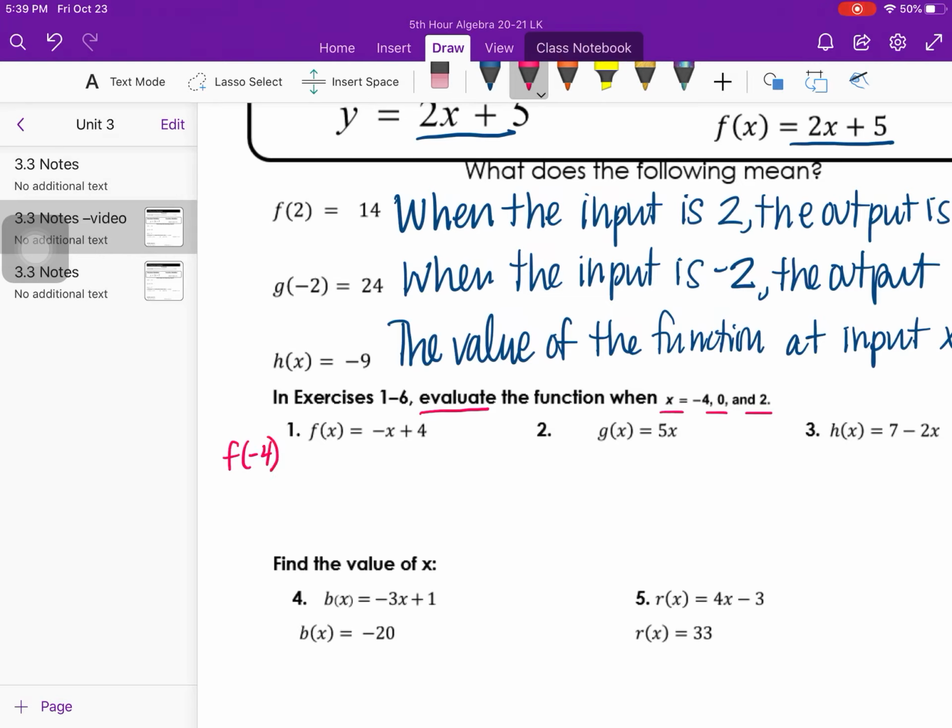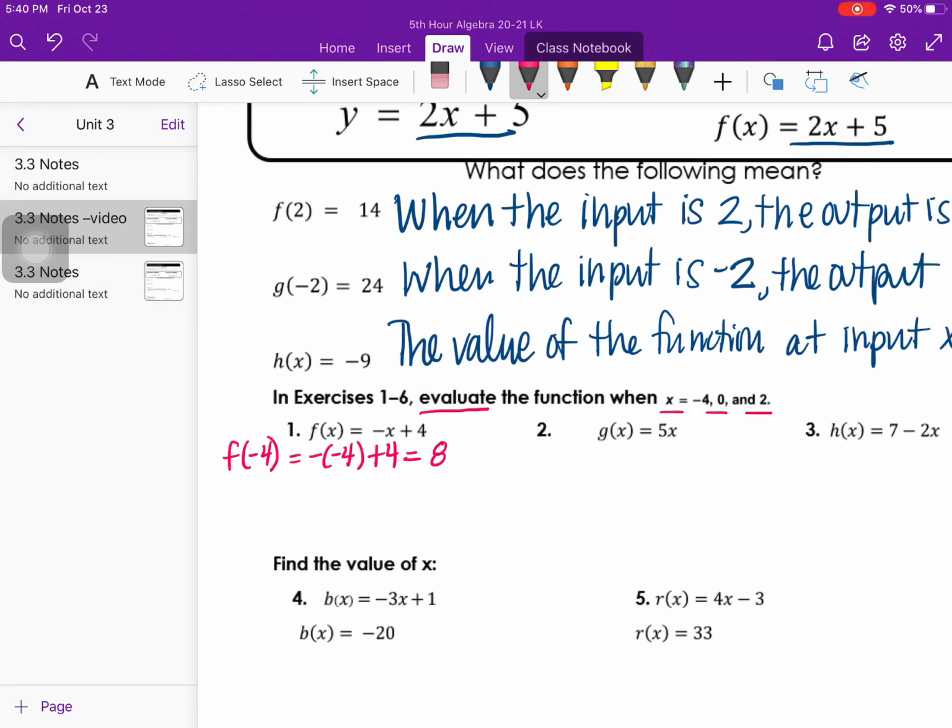So I'll say f of -4 equals the opposite of -4 because my function has a negative x. I need to put negative and then input those x values, and now add 4. And over here, I'm going to show that that would be +4 plus 4 equals 8.